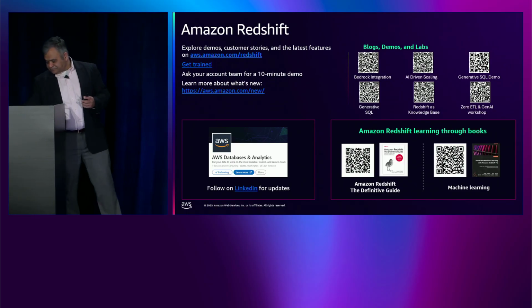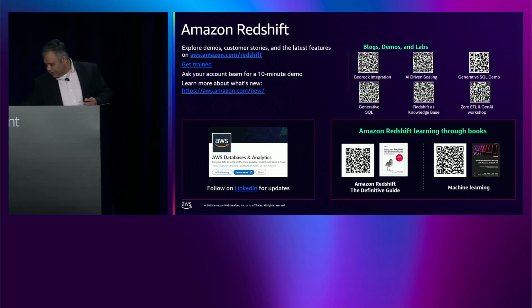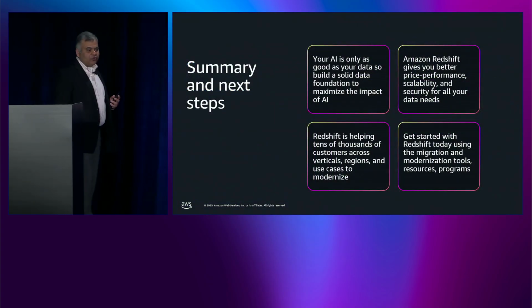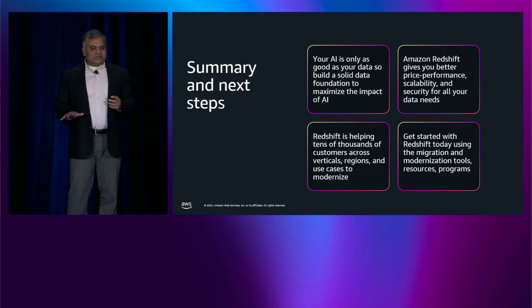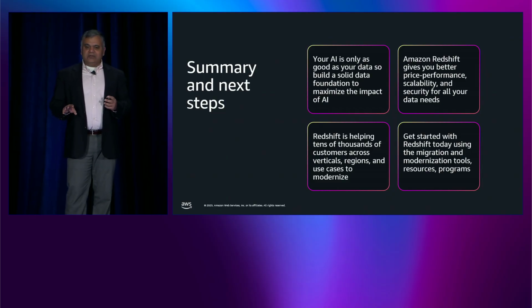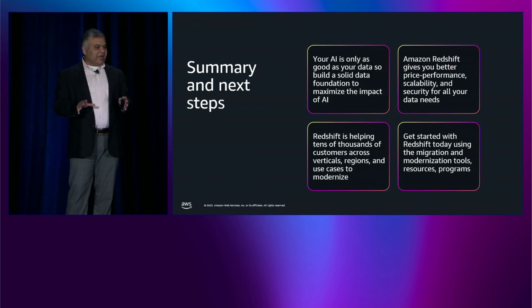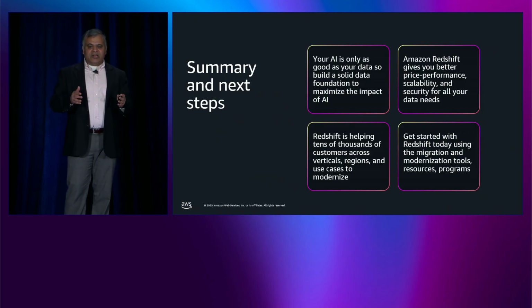So in closing, I wanted to leave you with four key thoughts. First of all, the fuel that makes generative AI or agentic AI sing is really your data. You really need to have a strong data foundation to get the value out of AI and Gen AI.